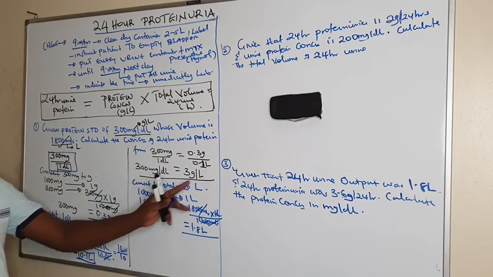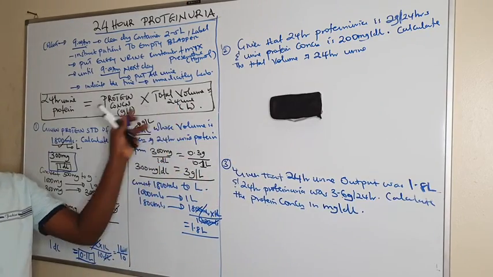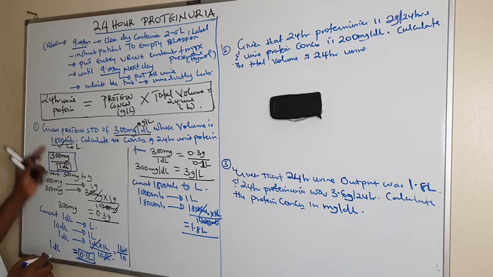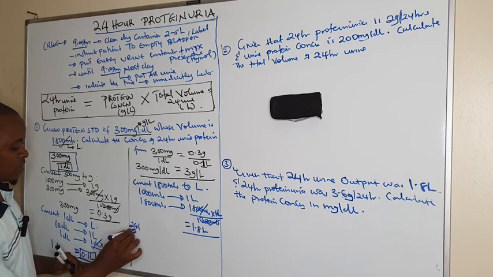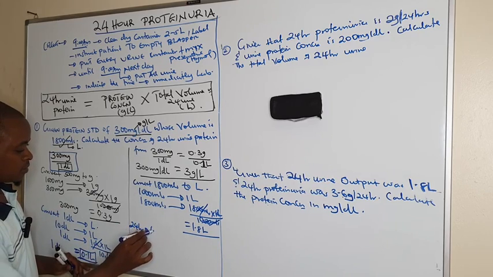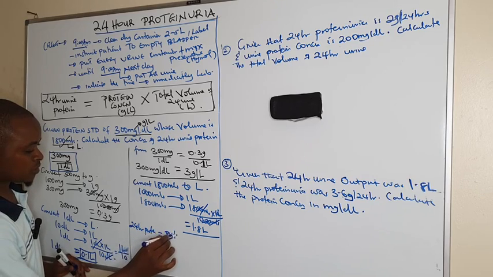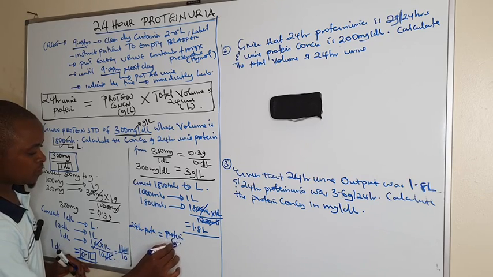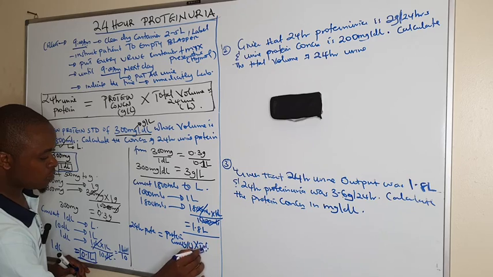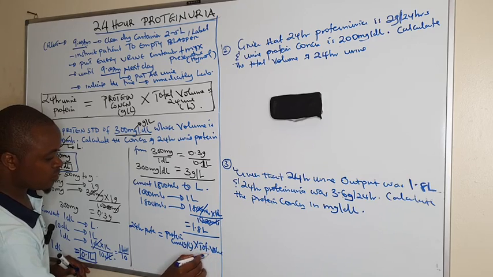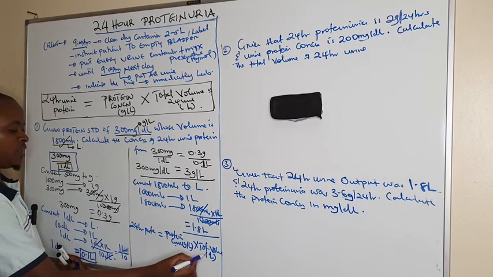So after converting all the units as required according to the formula, we are going to say 24-hour urine protein equals the protein concentration in grams per liter times the total volume of 24-hour urine in liters. We already have these.